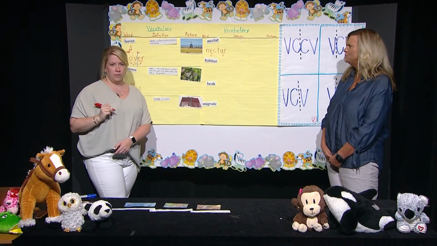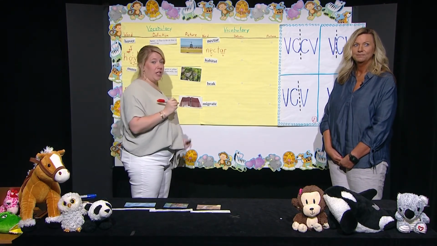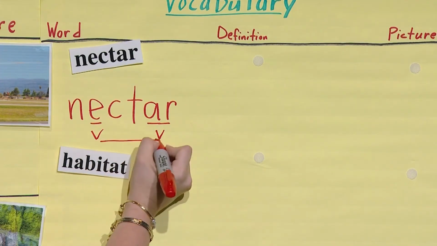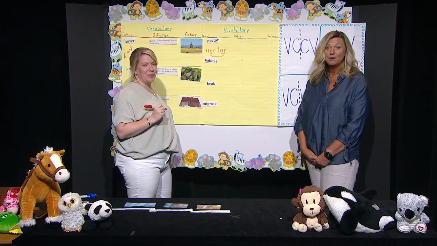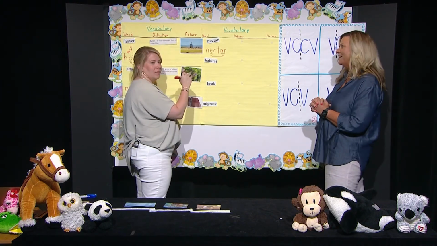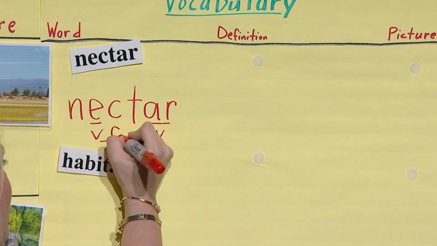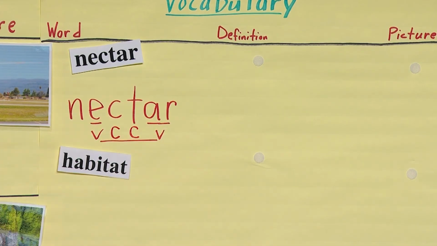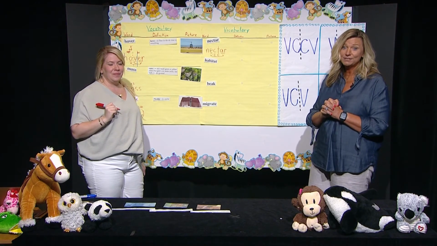What do we need to do next? Let's draw a bridge to connect our vowels. What's our next step, boys and girls? Oh, they've got it. They've got it. We need to label the consonants on the bridge. What consonants do you see, guys? Okay, I'll label those for us, C and T. Boys and girls, do you remember our next steps?